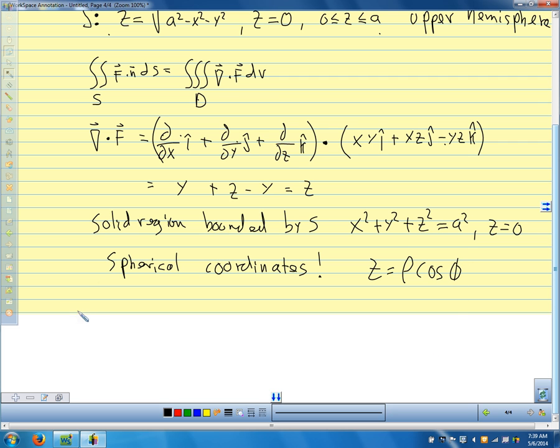So we have our flux integral of F dot n dS as this nice easy spherical triple integral. Theta goes from 0 to 2 pi, and what's phi going to vary from? 0 to pi halves.